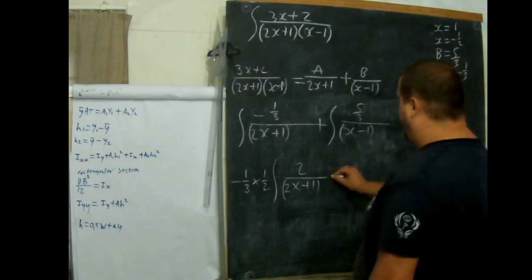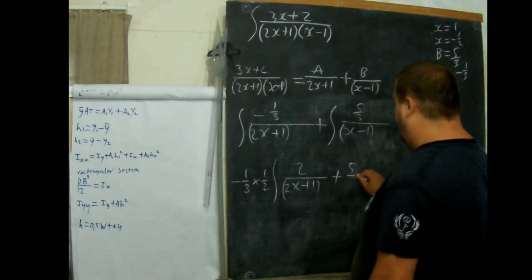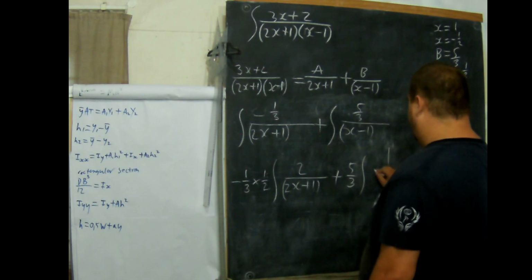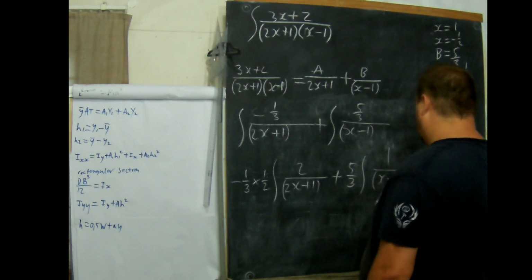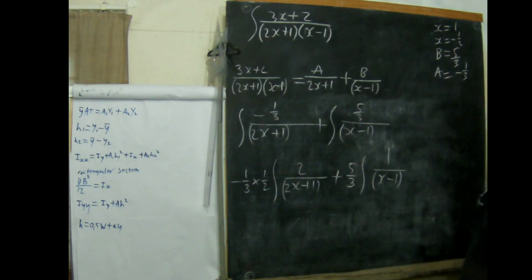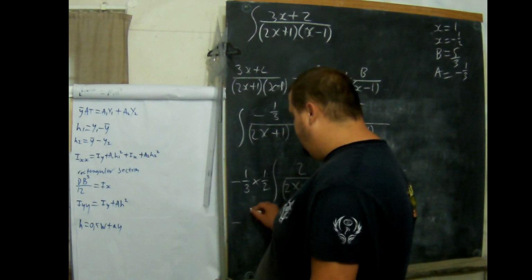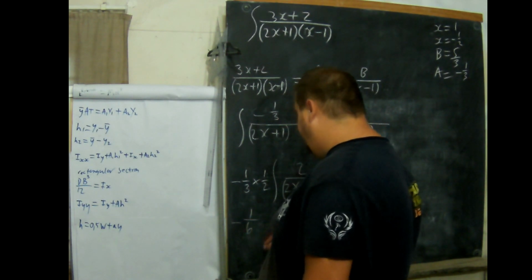Okay, so plus 5 over 3 integrate 1 over x minus 1. Okay, so now what we have here is minus 1 over 6.